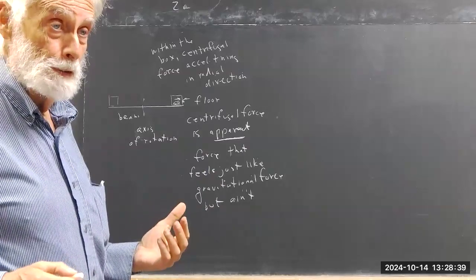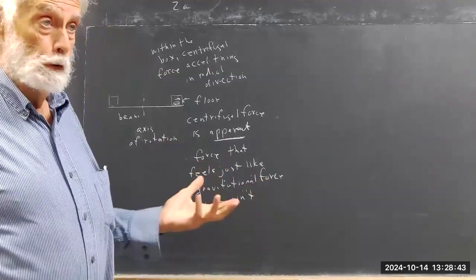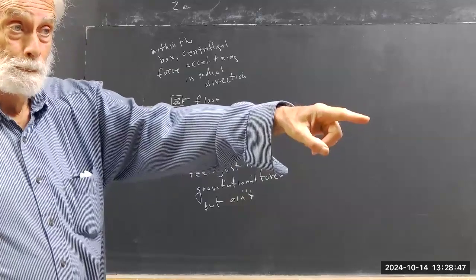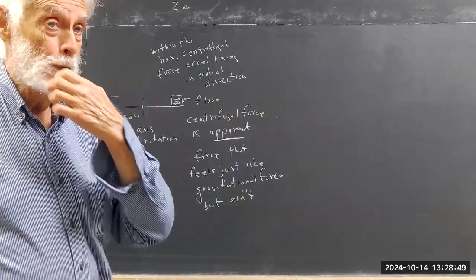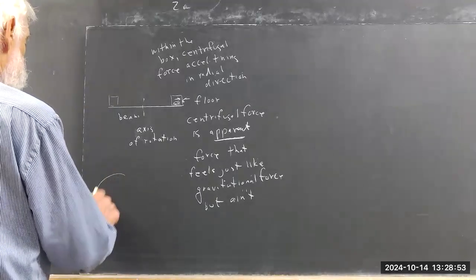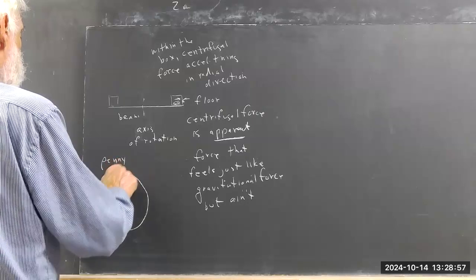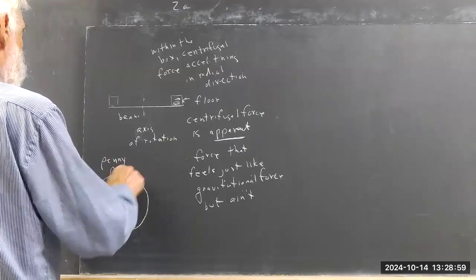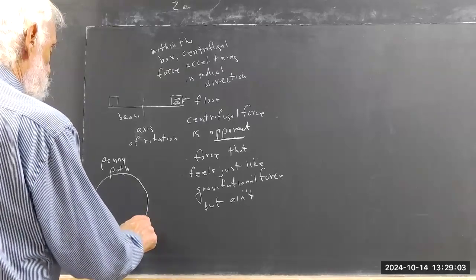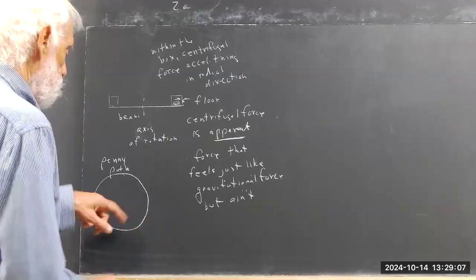Okay, so as far as that penny is concerned, there's this centrifugal force, it's pushing it out toward the end of the beam. That means that when it goes to the end of the beam, you get the penny's path. And let's say the penny starts slipping at this point.